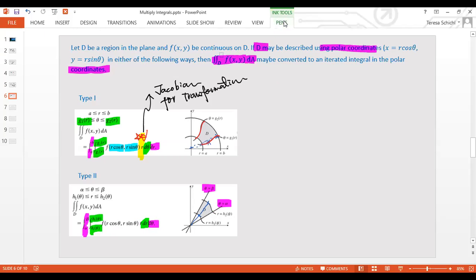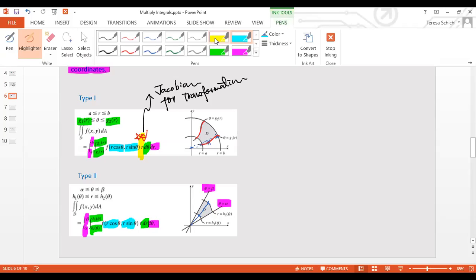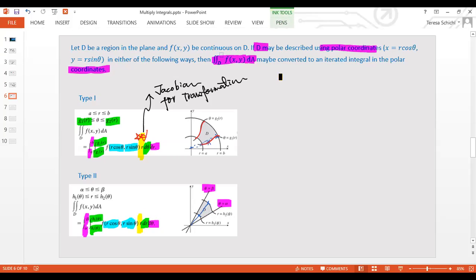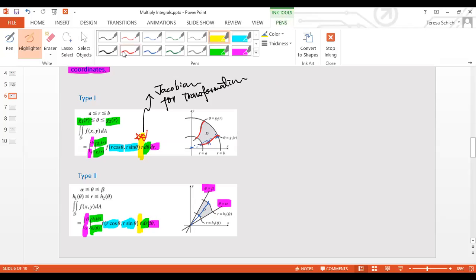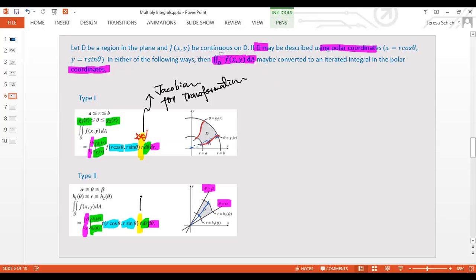Then the same way, you plug in r cosine theta and r sine theta for x and y, and I also have this r, which is what we call the Jacobian. Okay, so let's leave it there.